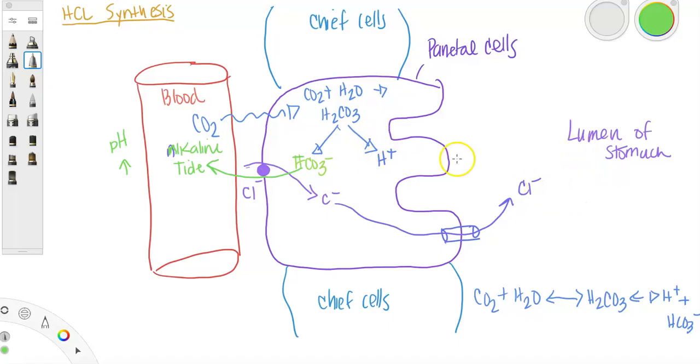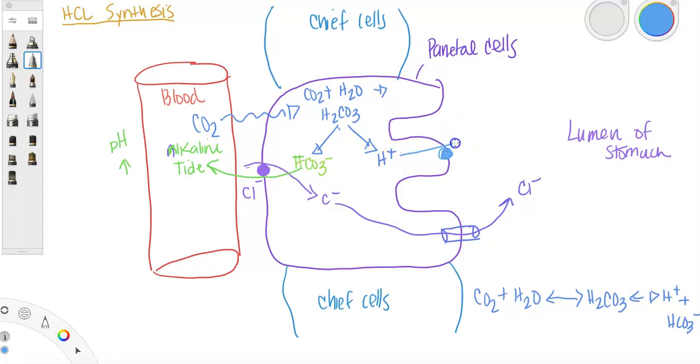So the hydrogen, we need the hydrogen, so the hydrogen needs to come out as well. So there's a carrier then, or a transporter for the hydrogen. So hydrogen is here, and it's a positive ion, so we need a positive ion to come into the cell so this one can go out.